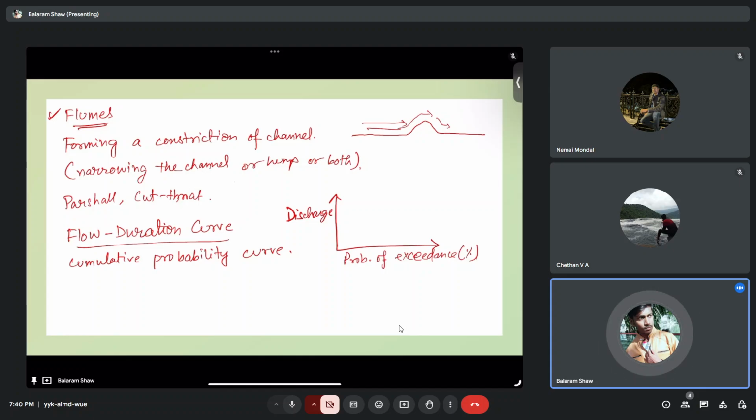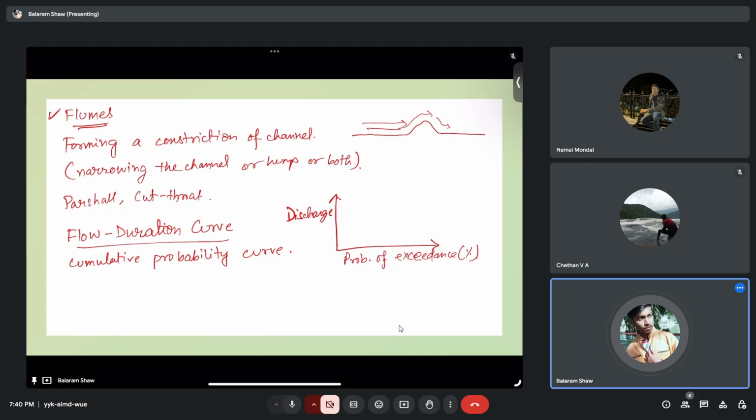In rainfall, we have seen the percentage of time during which a particular rainfall event is exceeded or equal, we take that as the probability. But here, the curve in which we can get the percentage of time during which one particular discharge value is equal or exceeded is called flow duration curve.